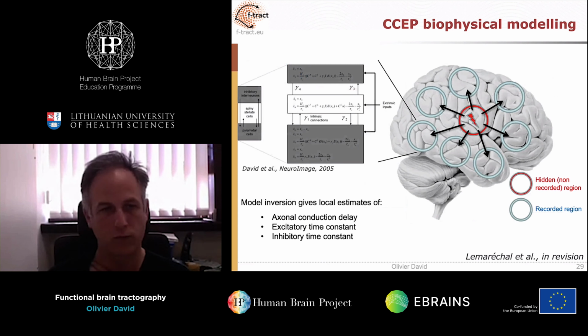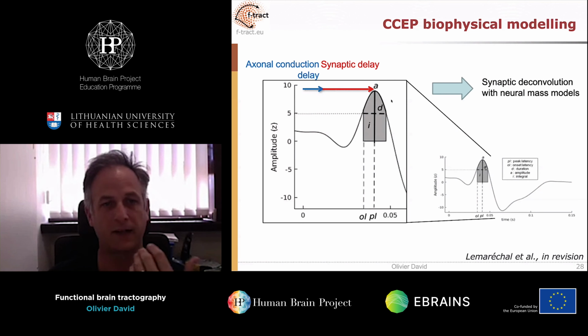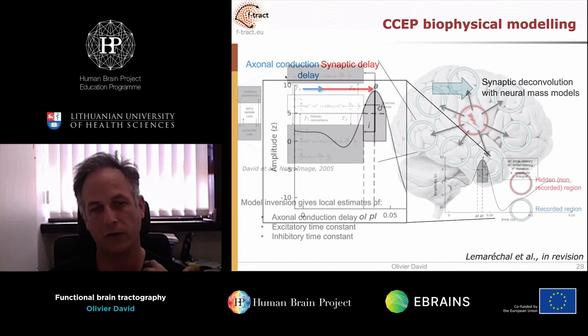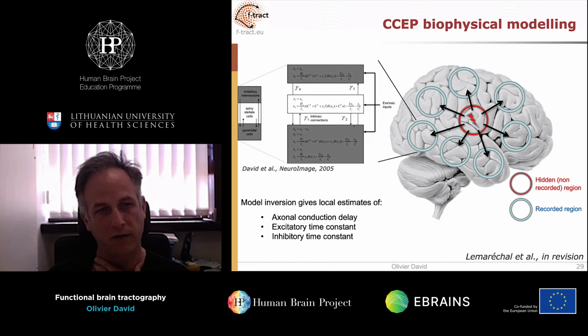So what we thought was to explicitly model the synaptic delay and the axonal conduction delay with a neural mass model, in which there are mathematical models that can be fitted to the data.